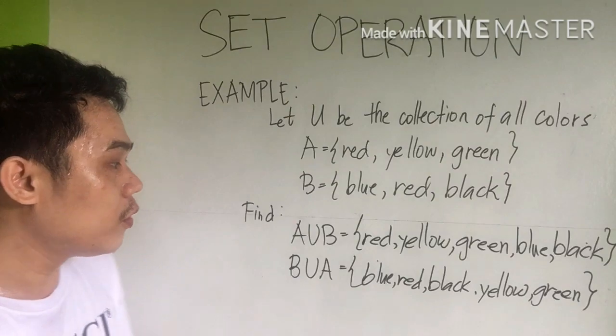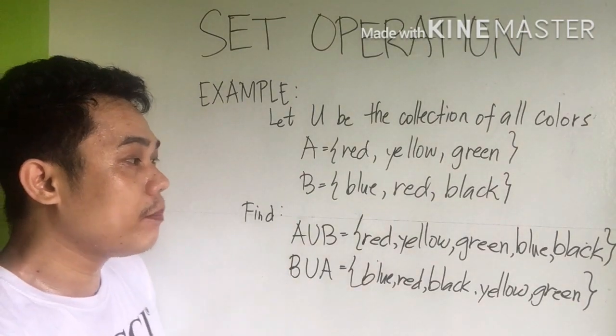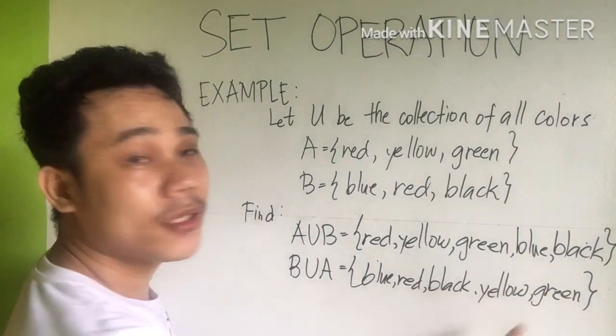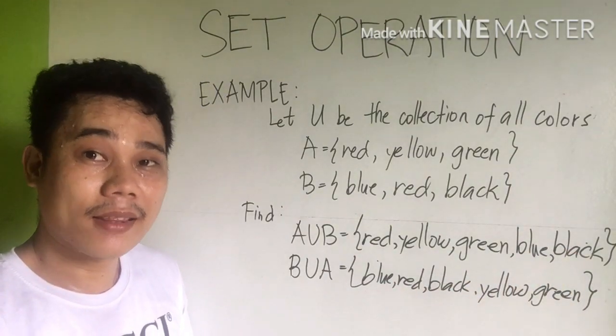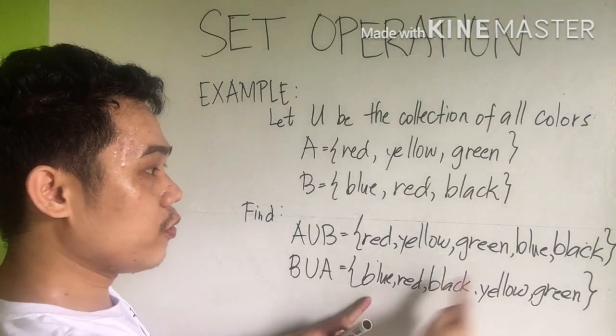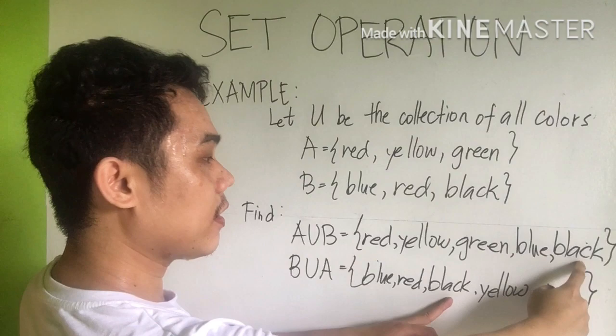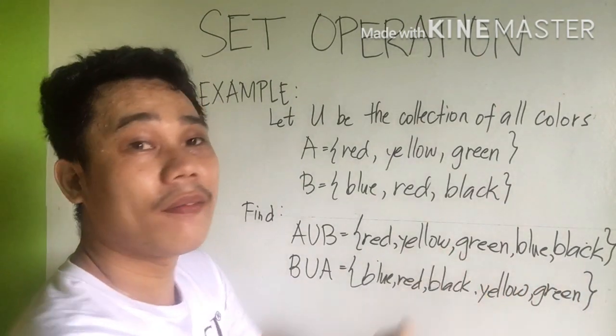So kung ma-observe mo, ang A union B at saka B union A, tignan mo yung mga elements nila, parehos sila ng elements. Lahat. So, meron tayong blue, meron tayong red, meron tayong black, meron tayong yellow, then we have green.